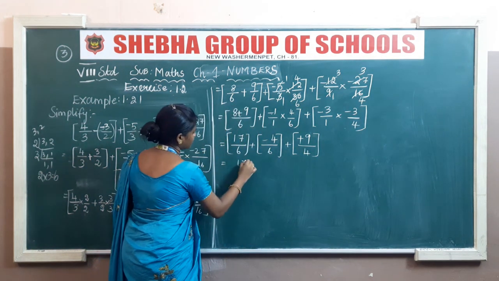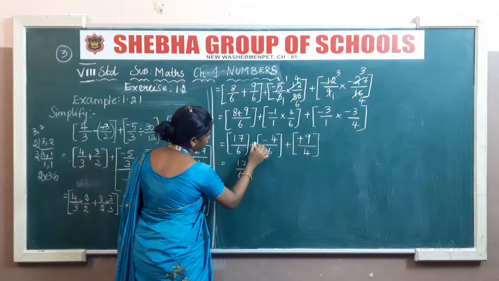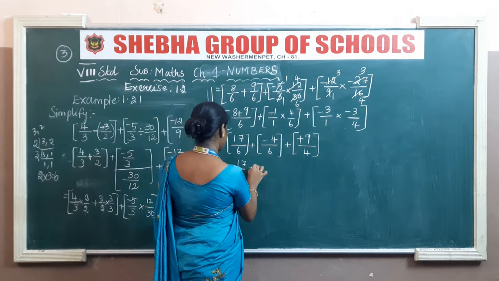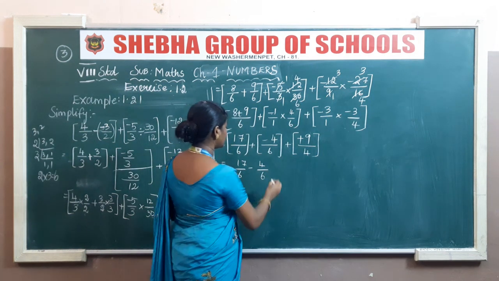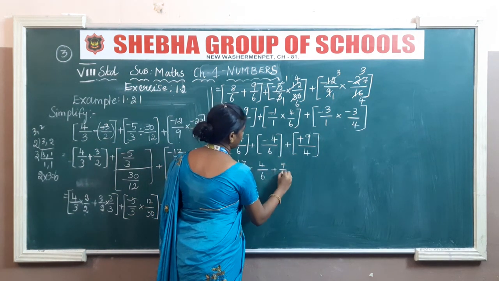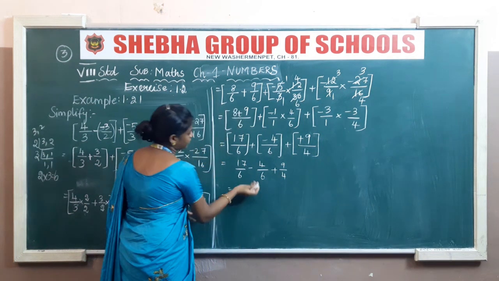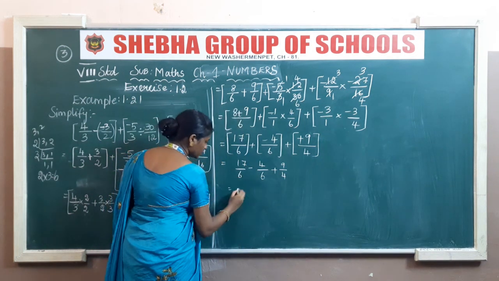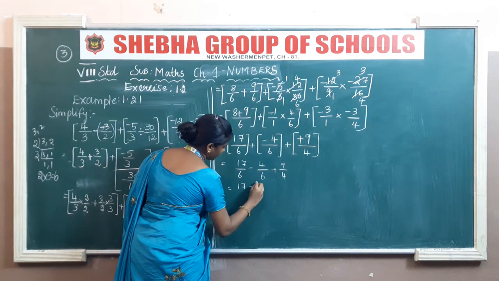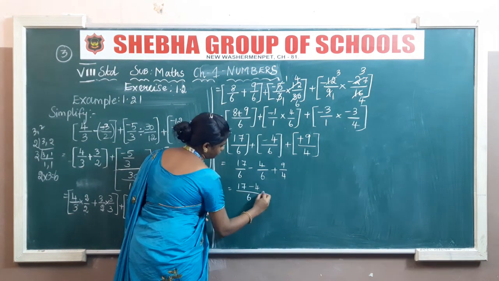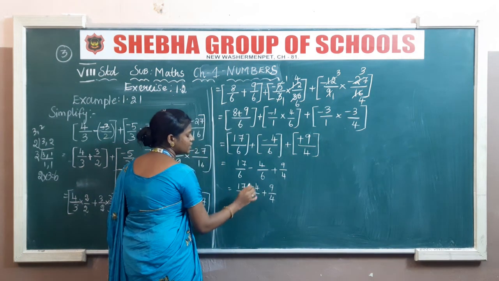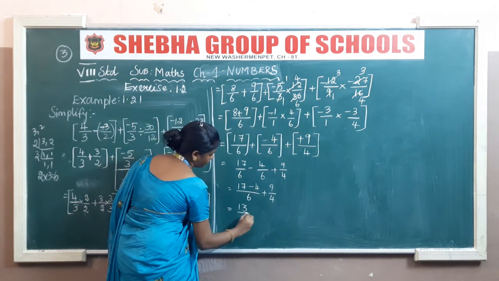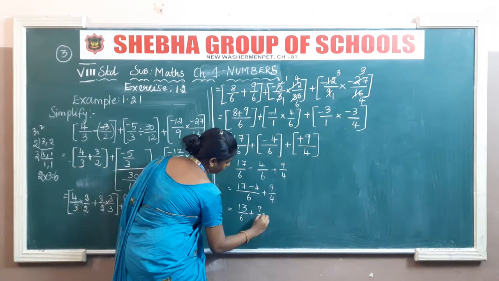So 17 by 6, minus into plus should be minus 4 by 6 plus 9 by 4. The denominator is the same, so 17 minus 4 by 6 plus 9 by 4 is equal to 13 by 6 plus 9 by 4.